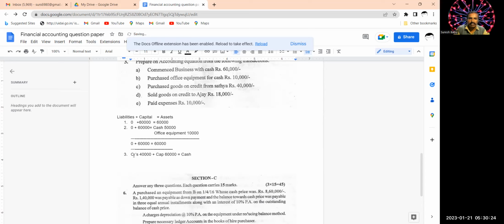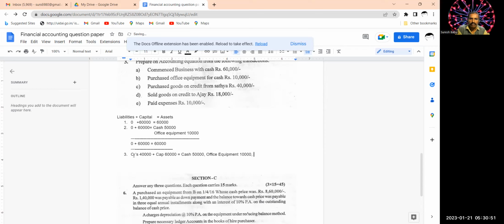Cash doesn't change, 50,000. Correct. Comma I will write. Because assets, there is one more asset: office equipment. Office equipment, 10,000.